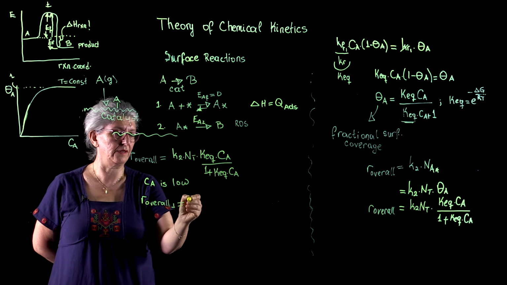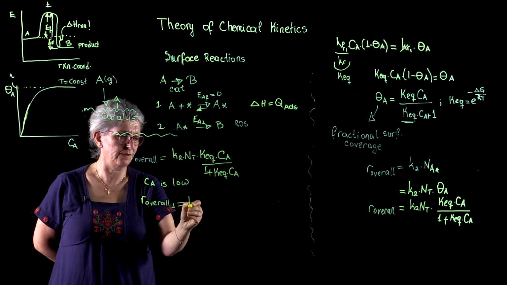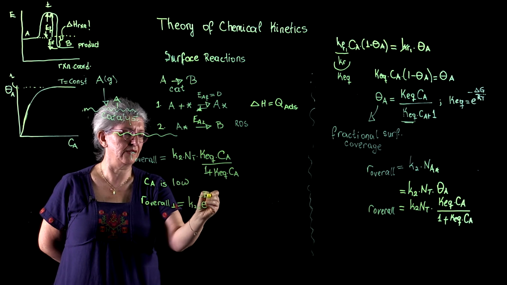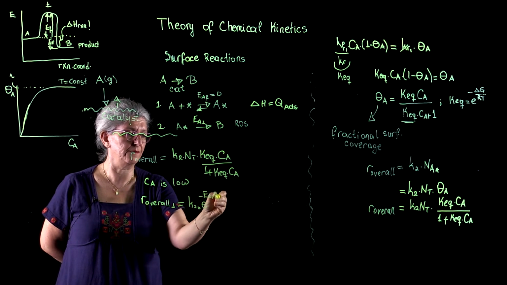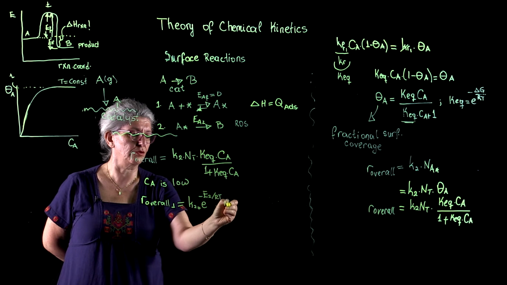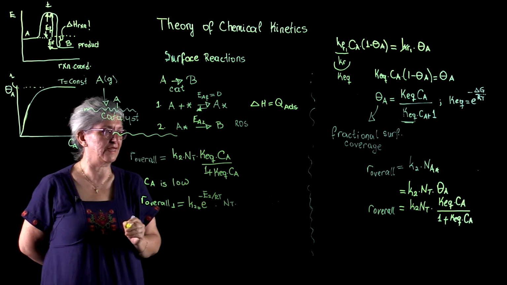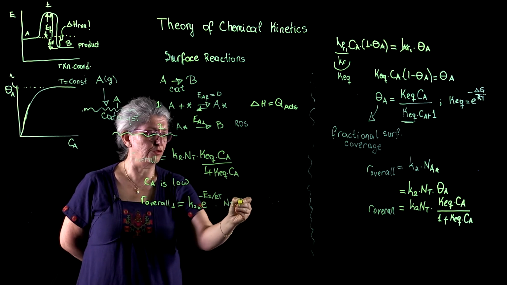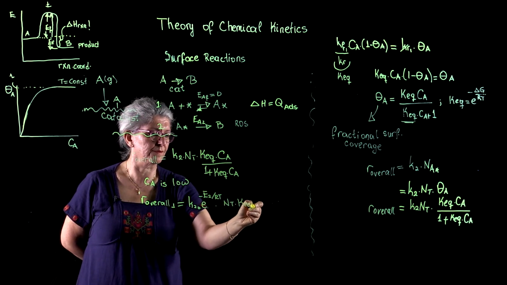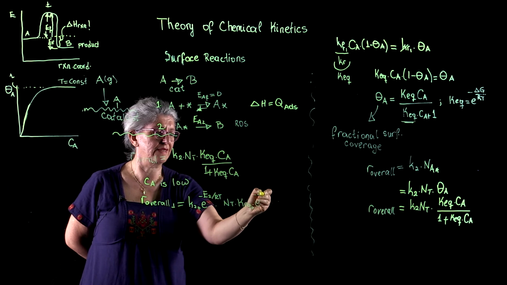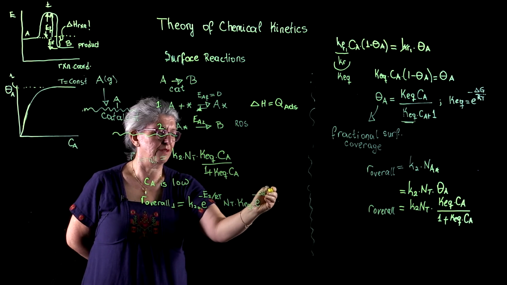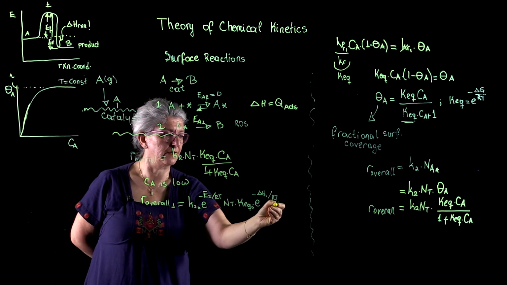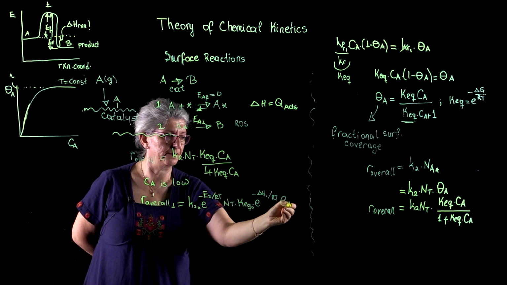This is going to be k2, this is k20 e to the minus E2 over RT times N total times K equilibrium, that is equal to K equilibrium 0 times e to the minus delta H1 over RT, this one, times C_A.